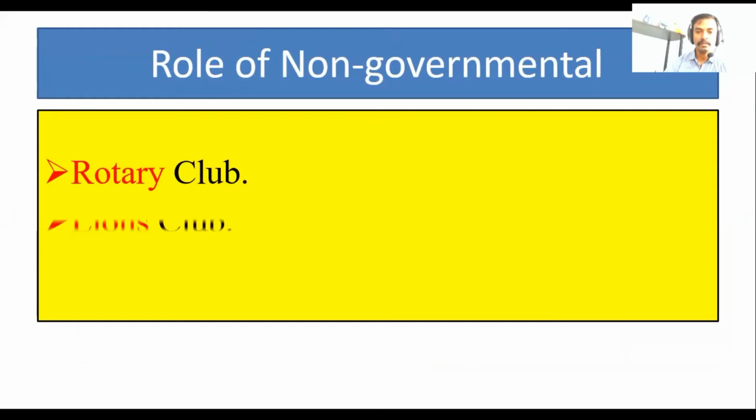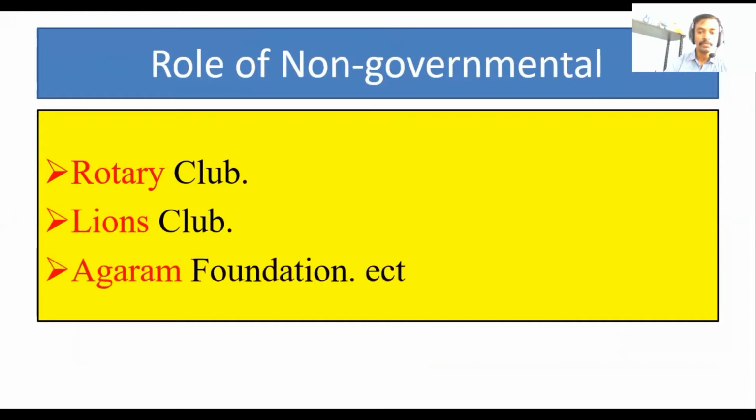The key ones are Rotary Club, Lions Club and Agaram Foundation. Agaram Foundation works mainly in Tamil Nadu, while Rotary Club and Lions Club are international NGOs. They work in India to eradicate illiteracy.